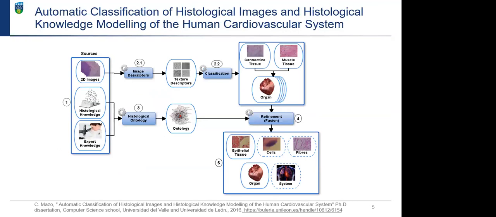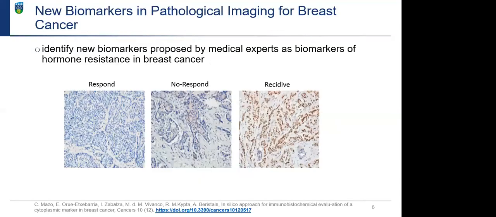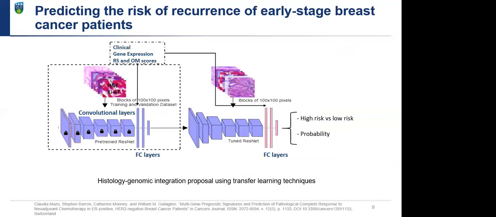So we didn't use a pre-trained model. In this one it was cascade SVM. In this one it was decision trees. So we have different examples.